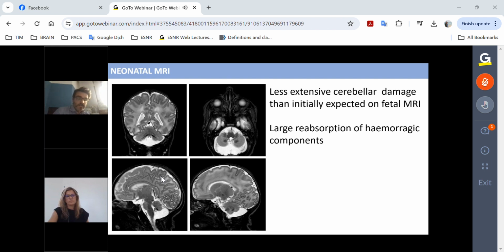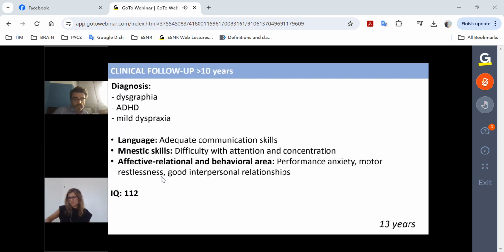So the signs of hemorrhage are now hard to see. There is an erosion of the inferior part of the vermis, but the hemispheres are pretty normal except for the black lining in the inferior part. How did the kid go? Well, actually, we have a long follow-up. His IQ is normal, but he has some difficulties. He has dysgraphia, ADHD, and mild dyspraxia.